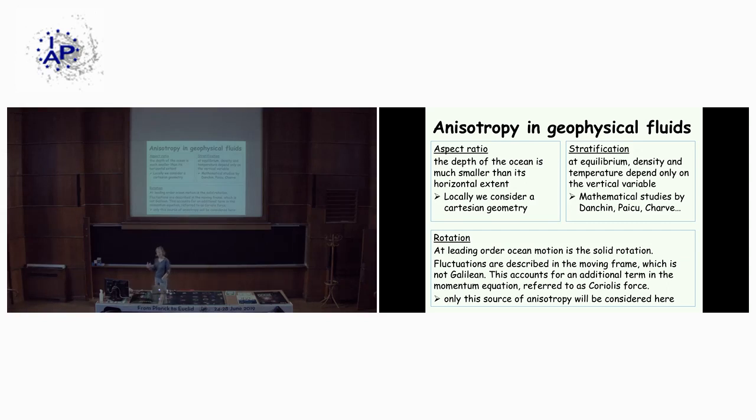So as you know, of course, for the large scale flows, you have a very strong effect of the Coriolis force, and this is what I would like to discuss.